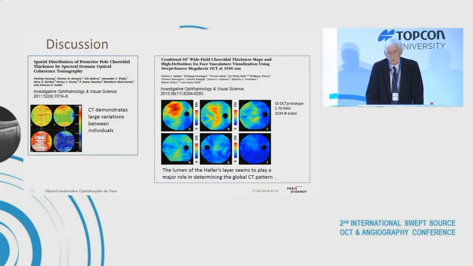There are already several publications which have dealt with this evaluation of the choroidal thickness depending on the location in the fundus and the vascularity. In a publication by the Wasada group based on SD-OCT, it was shown that there was large variation in choroidal thickness between individuals.